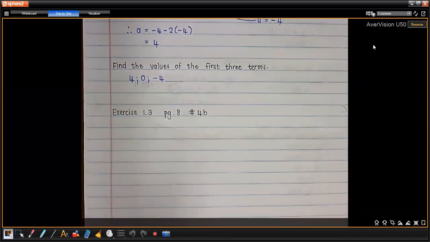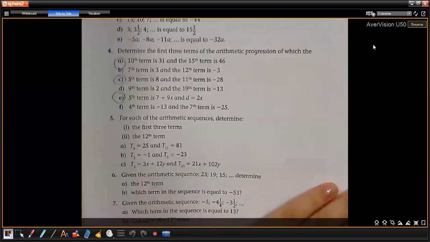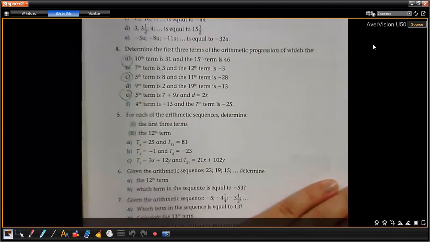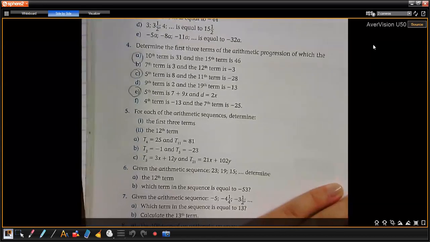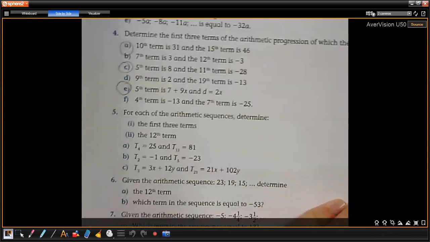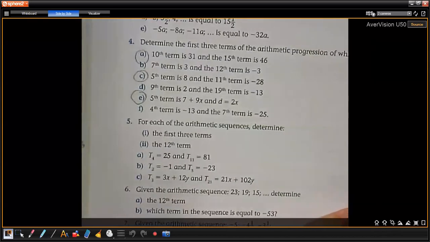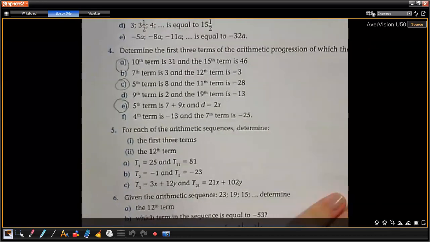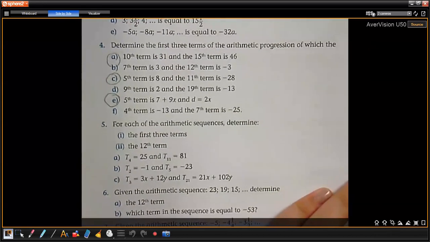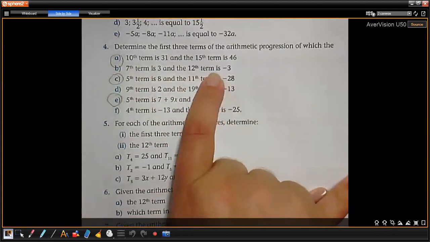Okay, I'm putting it up. There we go, there's 4B. Just take a picture of that, please. Exercise 1.3, page 8, number 4B. It's just one question and it is similar to the question that we just did.